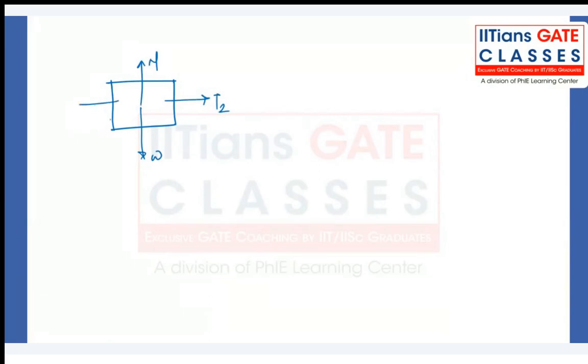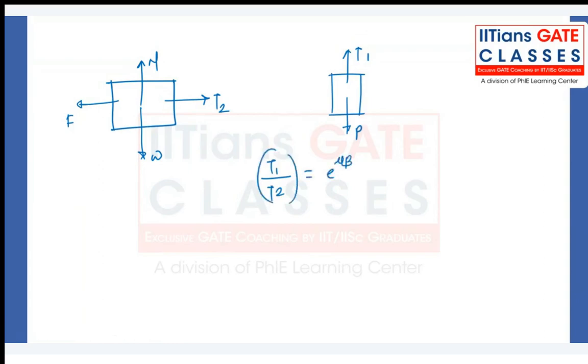And this is the block, another of weight P. And in this case, this is T1. You can use the formula T1 by T2 because the formula is max tension divided by min tension is equal to e to the power mu beta. You can still consider it. You will get the same answer.